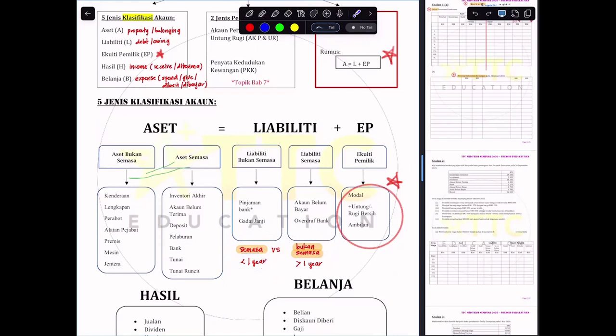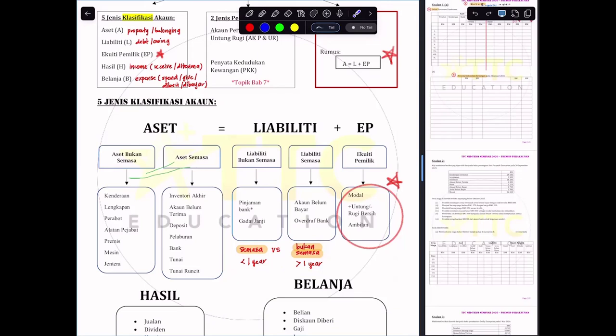Let's say for asset. If you bought a car, normally you use it for years, right? Many years, right? It means you keep the car for more than a year, then it will be aset bukan semasa. But if I say it is product, is it possible you keep your product for more than a year? Cannot be, right? You wish to sell it as soon as possible. Maybe you buy it now, you might be desperate to sell it in the next moment already.